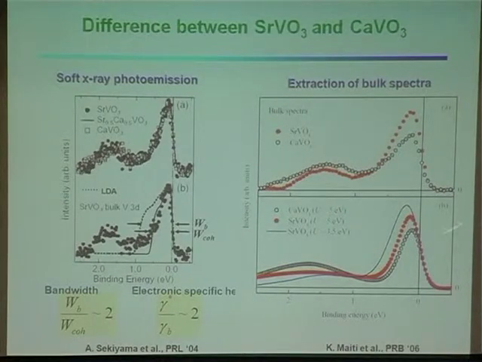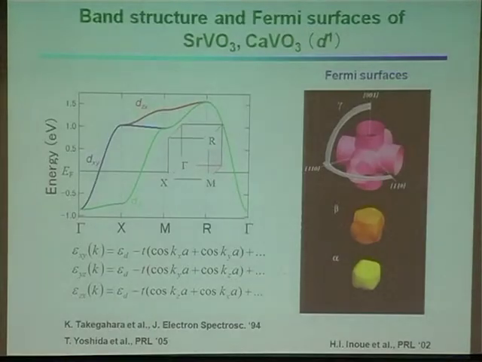There has been a little bit of controversy whether strontium vanadate and calcium vanadate are different or nearly identical. These people claim these are identical, but DD's group find a clear difference. Okay, then we should go to band ARPES to follow the band dispersion.